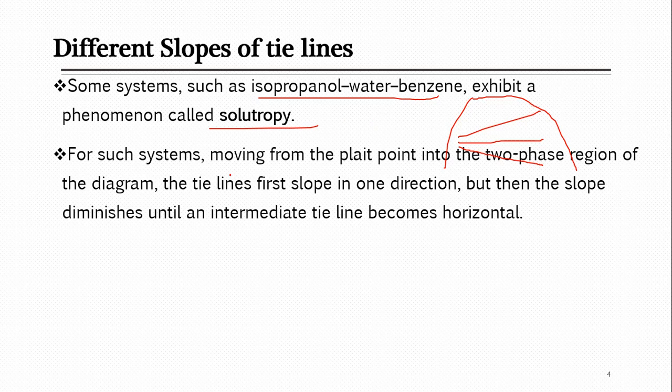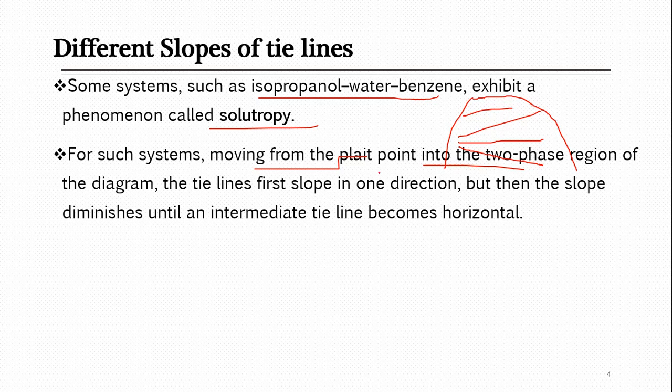For such systems which have solutropy behavior, moving from the plait point to the two phase region, usually the plait point will be located somewhere upward. If you move down from this, you are entering the two phase region, because you know the plait point is the point which separates one phase from the two phase system.